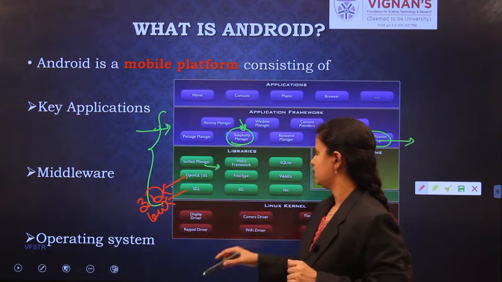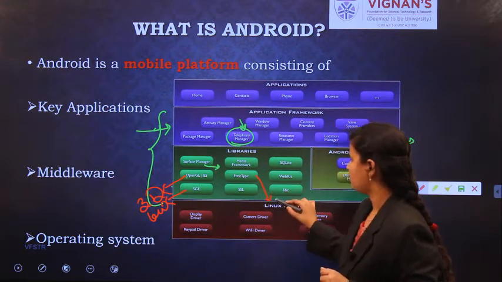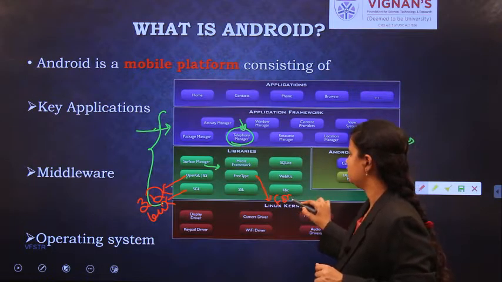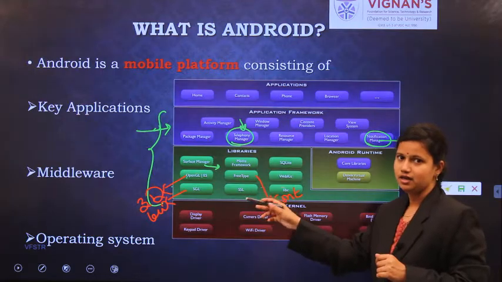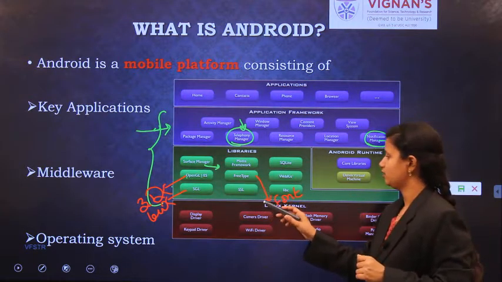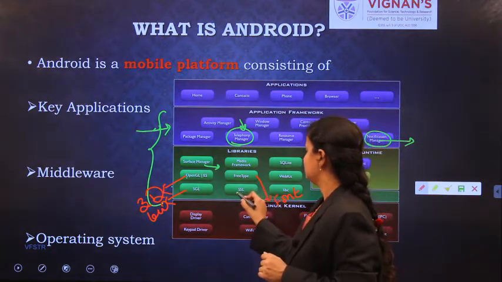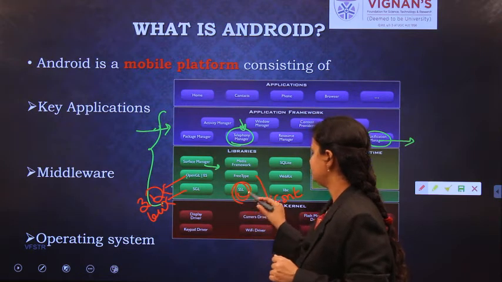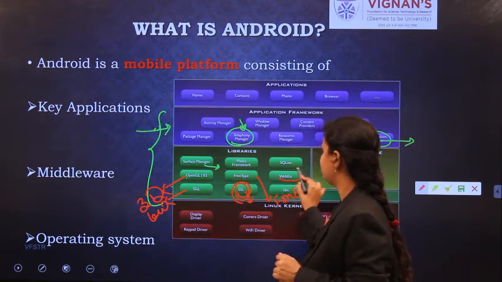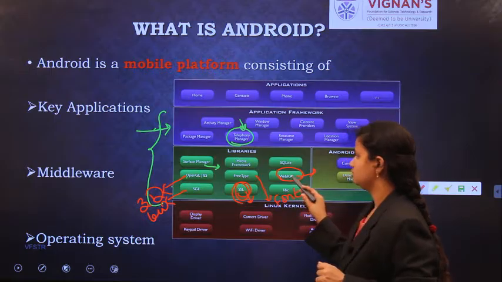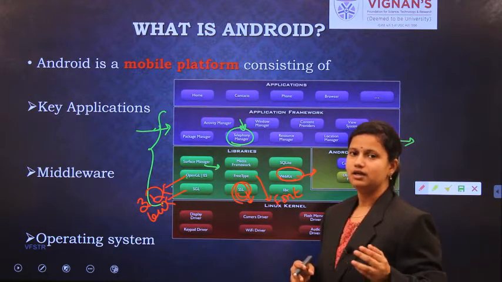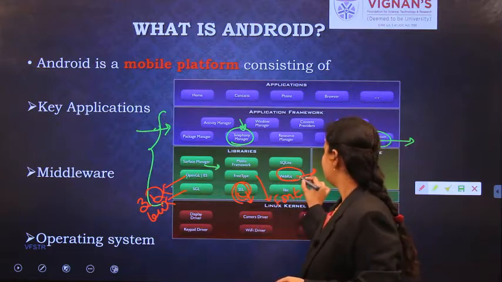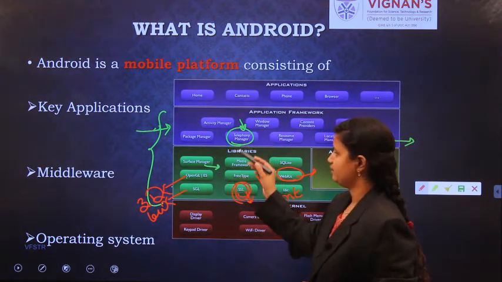FreeType maintains font sizes. SSL is the secure socket layer, which is maintained for connections, and WebKit allows different web browsers. Whenever you use an Android mobile, you access different browsers. So these libraries help us.